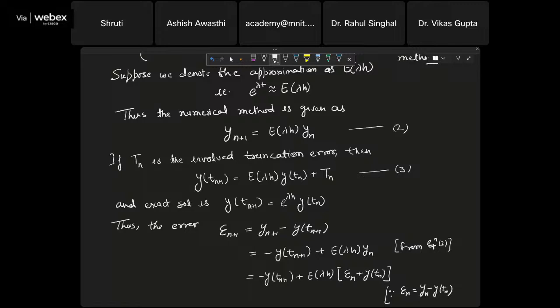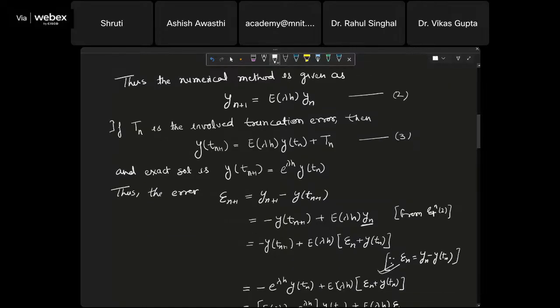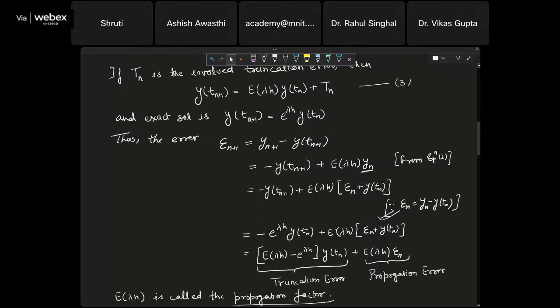Further, this y n I can rewrite as epsilon n plus y tn, because the way epsilon n plus 1 is written, meaning at the n plus 1th step error is written, at the nth step also we can write it. Okay, so with the help of this expression, y sub n is written over here, and then just rearranging the terms, finally we end up at this step.